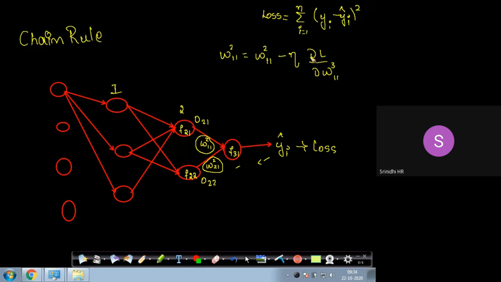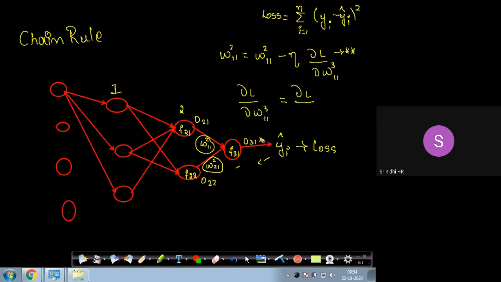So how do I represent this? I need to find the derivative of L divided by the derivative of W11 power 3. Please observe carefully here. Can I write it as derivative of L divided by the derivative of the output, which is this particular node, O31, times the derivative of O31 divided by the derivative of W11 power 3?